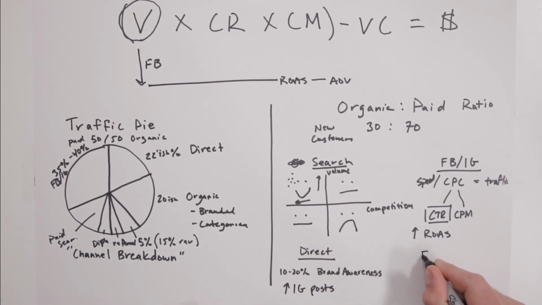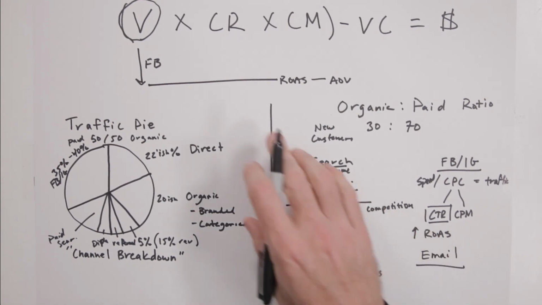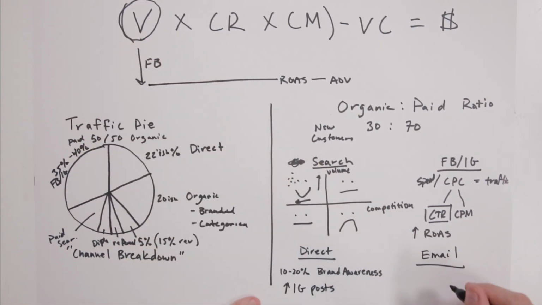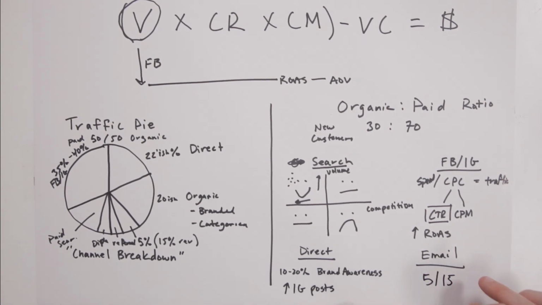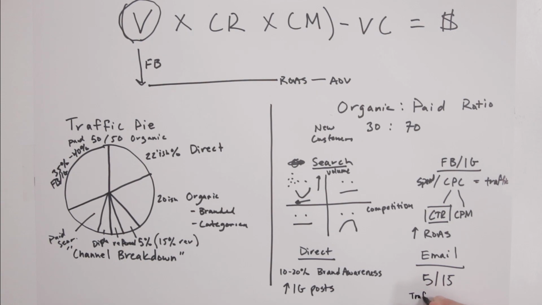The other thing to really think about is just email. Generally, when we look at email as a traffic source, we look more at the percentage of revenue that's being driven, but there's this 5 and 15 rule with email, which is a good principle to think about to determine how you're doing with email: 5% of traffic, 15% of revenue.